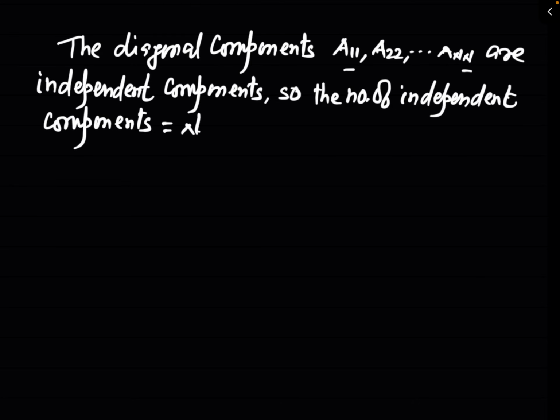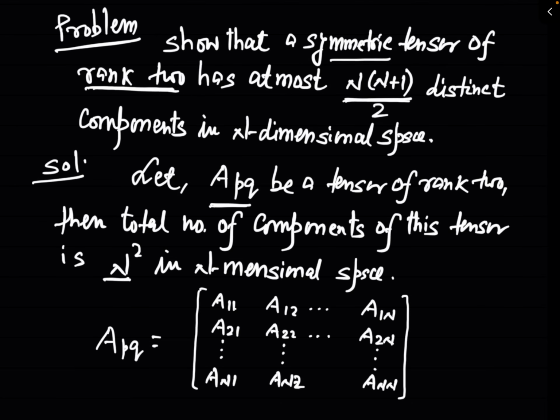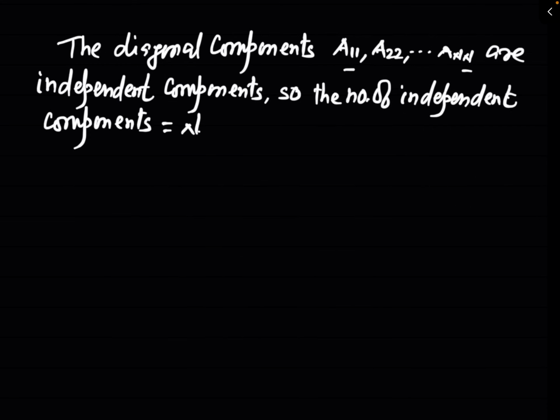Now see the off-diagonal components. Off-diagonal components are A12, A13, and so on, where the two indices are different.